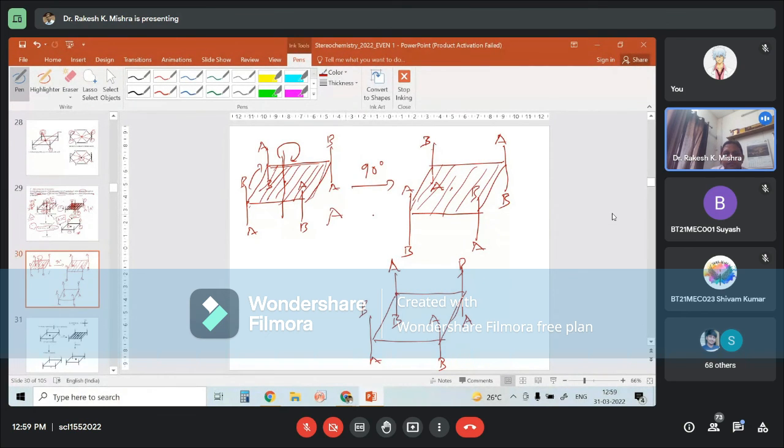Now this is structure A, this is structure B, this is structure C. You have to correlate between structure A and C. If A is equal to C, then this molecule has an alternating axis of symmetry. Here, on this particular side, A is on the top, B on the bottom, right?